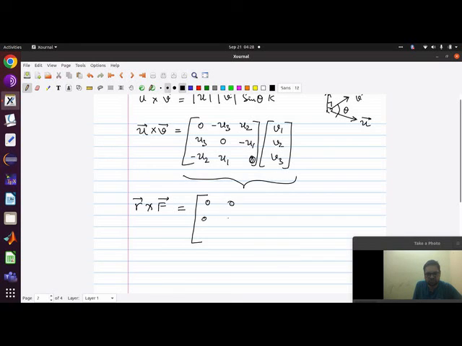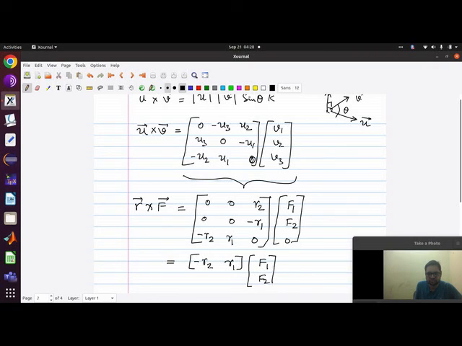So this turns out to be a matrix with r2, minus r1 in the last row and zeros elsewhere, times f1, f2 and 0, if we are dealing with planar vectors. Okay. So what this ends up being is simply minus r2, r1 multiplied by f1, f2. So in case of planar vectors.